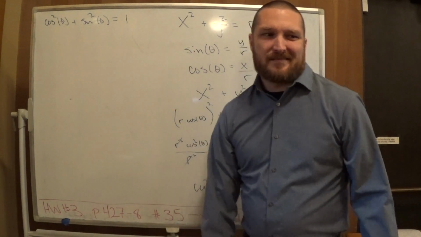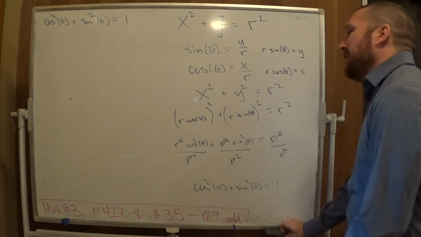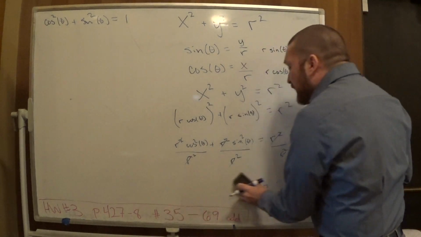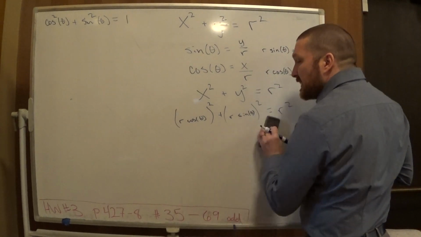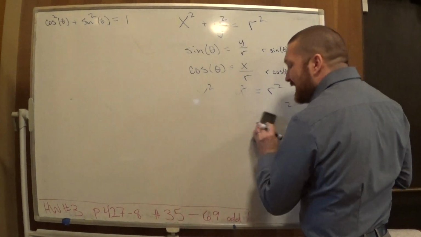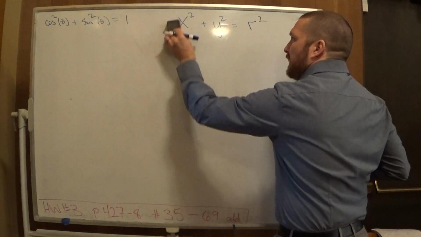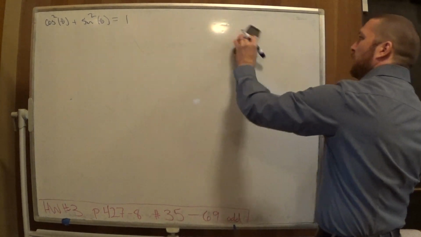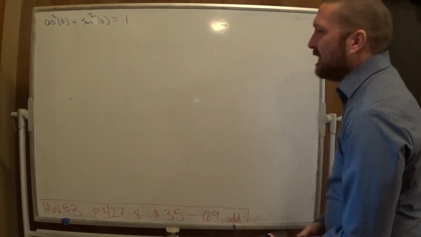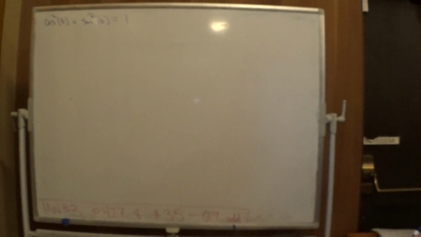Of course it works. I don't want you to be thrown off, because in your homework you might see it as sine squared theta plus cosine squared theta and think, uh-oh, what's that? Well, it's the same thing.